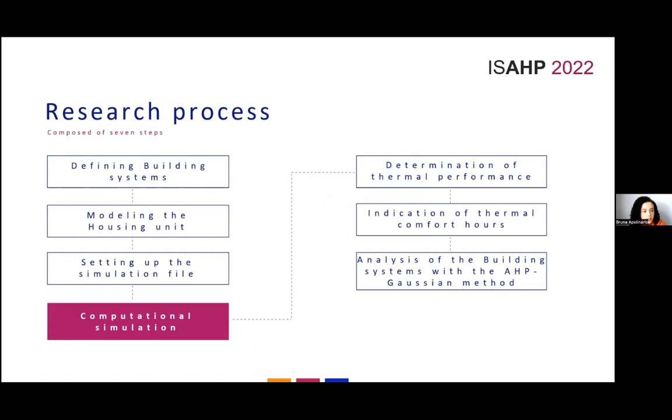The methodology is formed by 7 steps, beginning with the definition of the building systems to be analyzed until the execution of the computation simulation, and followed by the determination of thermal performance, indication of thermal comfort hours, and the analysis of the building systems with the AHP Gaussian method.